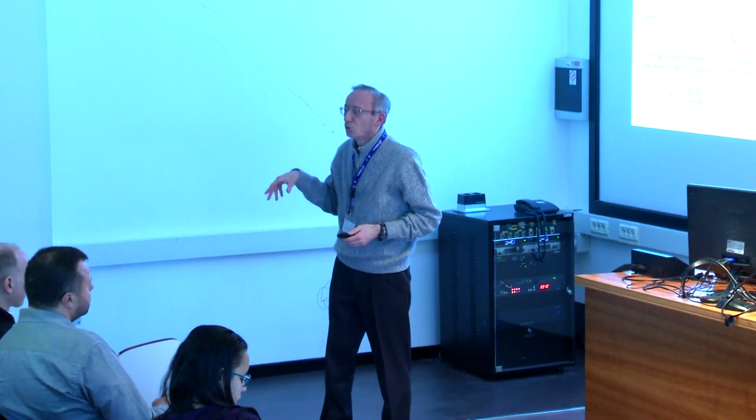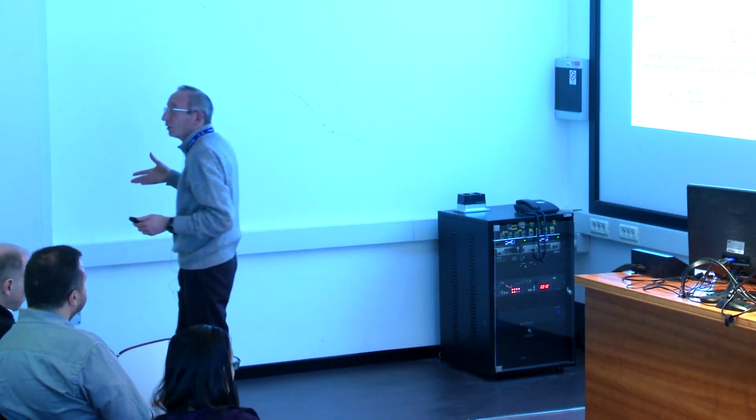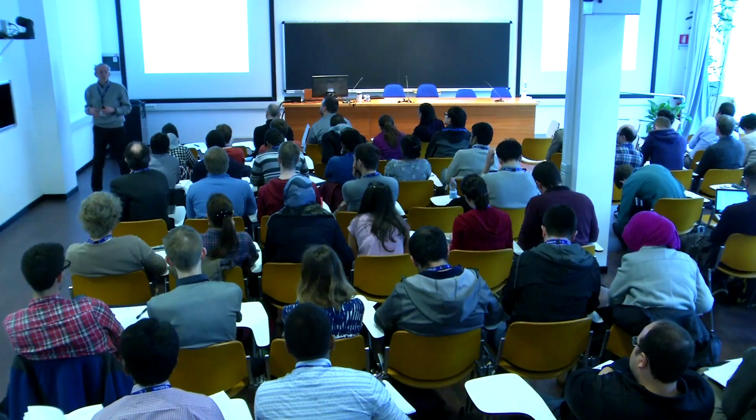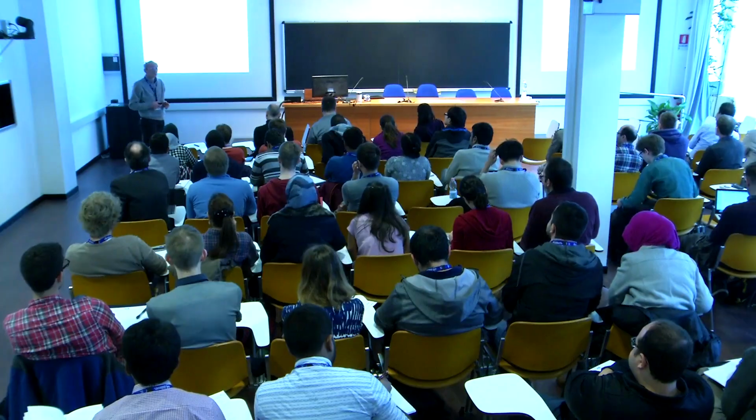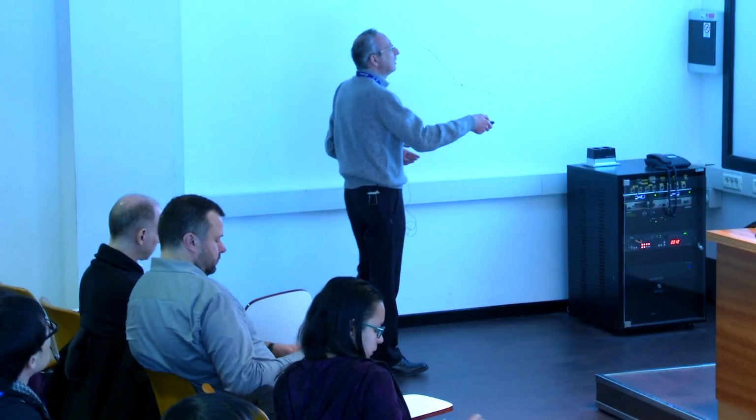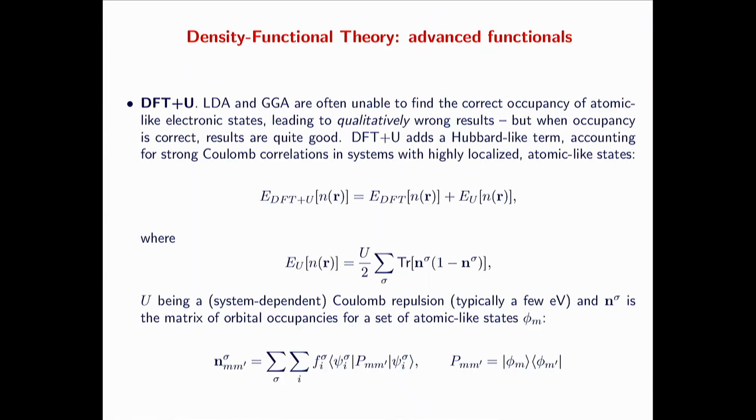for strongly correlated cases, so materials with strongly localized atomic orbitals, is called DFT plus U. In DFT plus U, you add a correlation term of Hubbard type that has, in the most simple case, this form, where this N is a matrix of the occupancies.